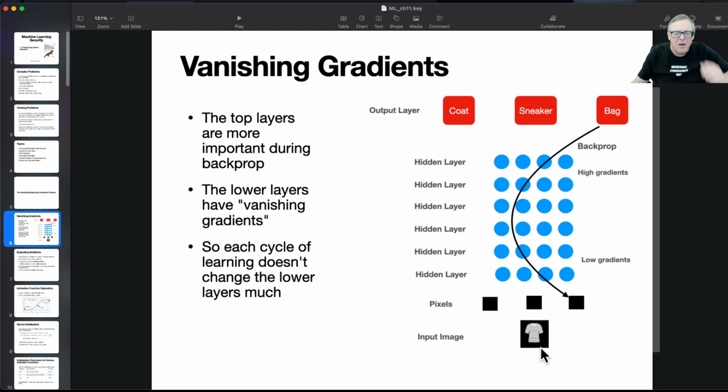So here's a model. You feed in an input image, you flatten it into pixels, then you have a series of hidden layers, and then you sort it into, say, various categories of things like we did before: coat, sneaker, and bag. Now when you try to train this, first you randomize all the weights, then you evaluate the success, then you would like to figure out what direction and how I should change all these parameters to improve the match.